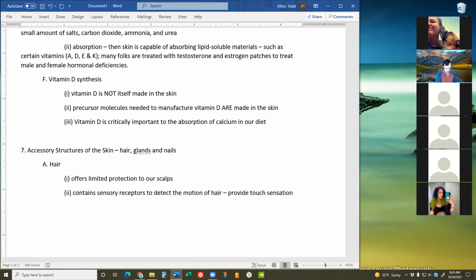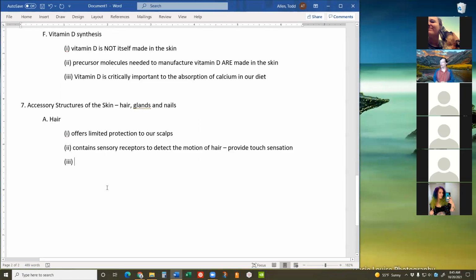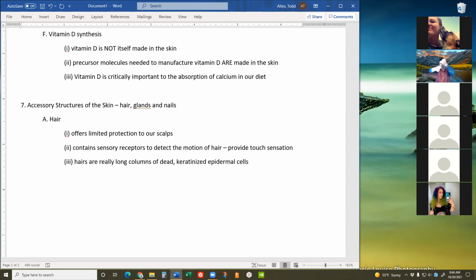One more thing I'll say here is, exactly what is a hair? Well, a hair is a column of dead keratinized epidermal cells. Hairs are really long columns of dead keratinized epidermal cells. So you have a dead cell and another dead cell stacked on top, and another one on top.